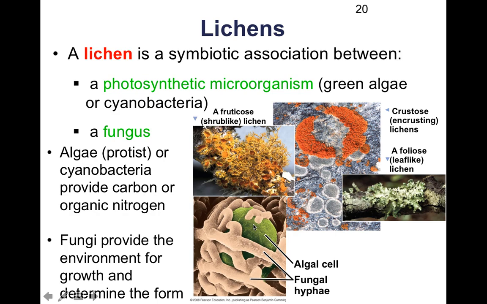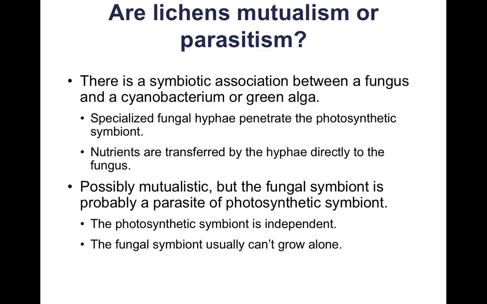So here's an example. This is an SEM showing the fungal hyphae that are encapsulating this algal cell. So for a long time, it was thought that lichens were a mutualism, that the lichen was the fungus providing a home for the algae, and the algae in exchange for lodging was providing the fungus with nutrients.